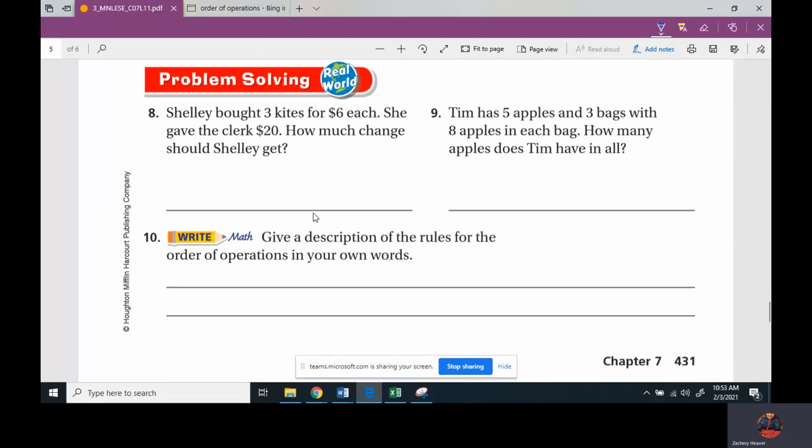Your practice homework will be on: give a description of the rules in your own words. Well, it's simple, guys. Multiply or divide first.